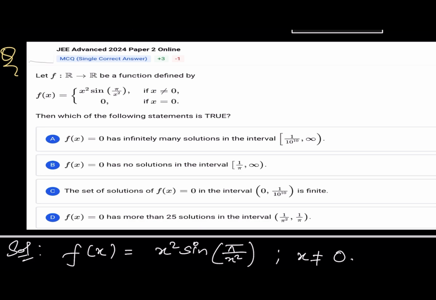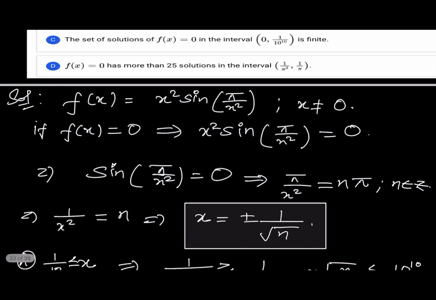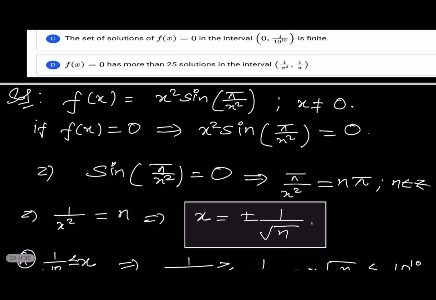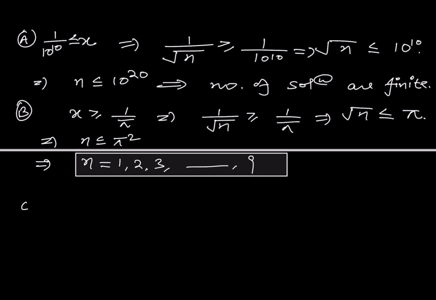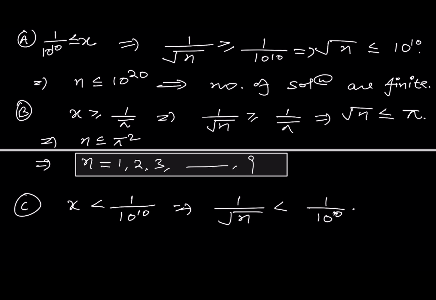Now let us go with option C. Option C says the set of solutions of f(x) equal to 0 in the interval 0 comma 1/10^10 is finite. If x is less than 1/10^10, it implies 1/√n is less than 1/10^10, so √n is greater than 10^10.